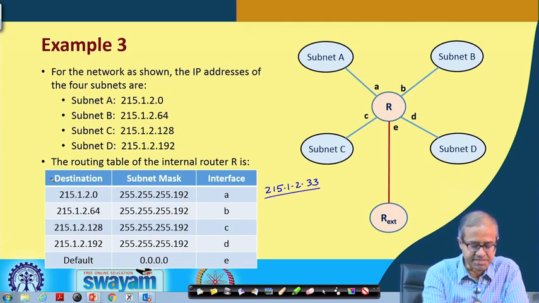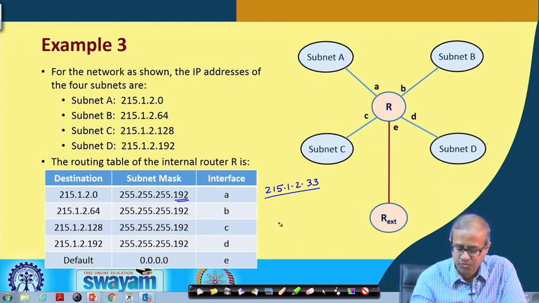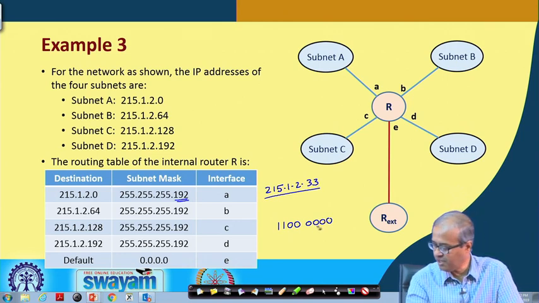Let us make a check in this routing table one by one. The subnet mask of all of them is 192 in the last byte. What is 192? The first 2 bits are 1, the rest are all 0. Now, this 33 we will have to AND with this.